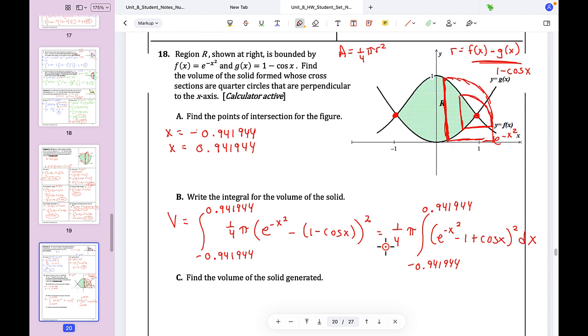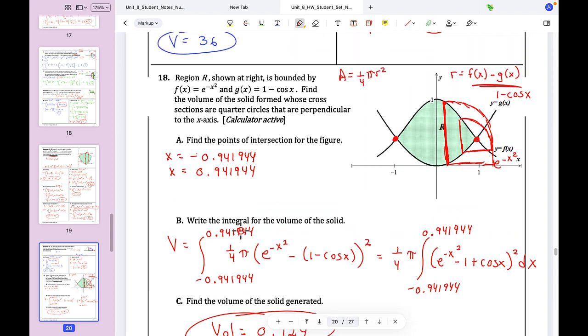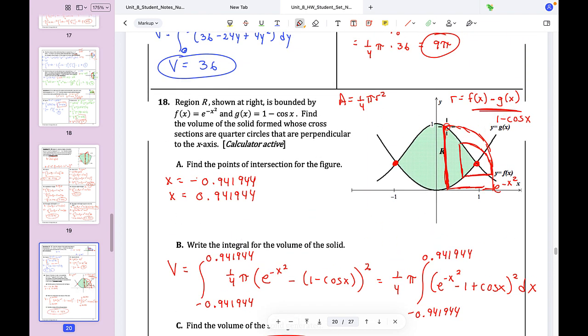This is a calculator section, so we will just put that in our calculator, and we get the volume equals 0.724. What made this one different is that, first off, we had to subtract the curves to get this base. But then we also had to figure out where they intersected.